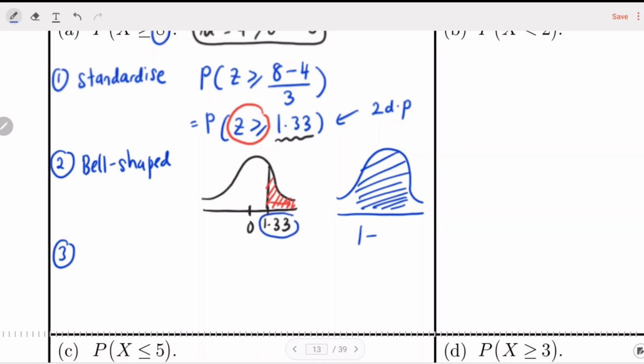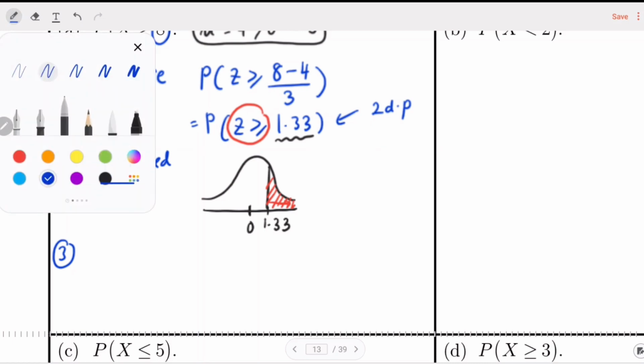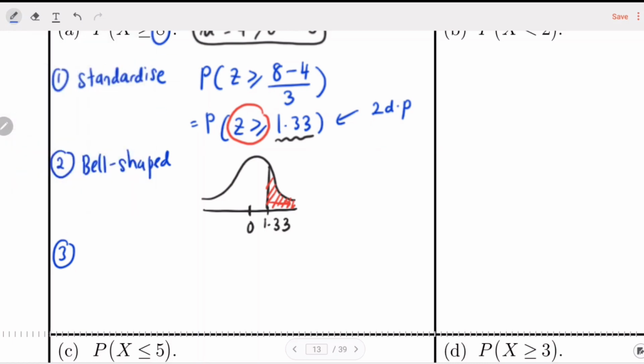But since we didn't shade the middle part of our bell shape for this example, we don't have to do this. We don't have to put the 1 minus. Instead, we just put probability Z greater than or equal to 1.33.